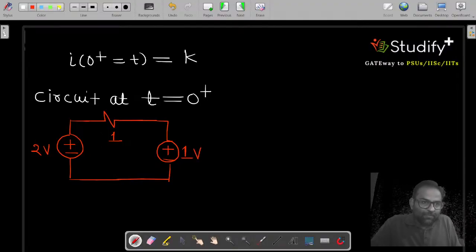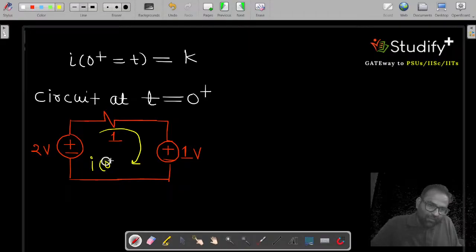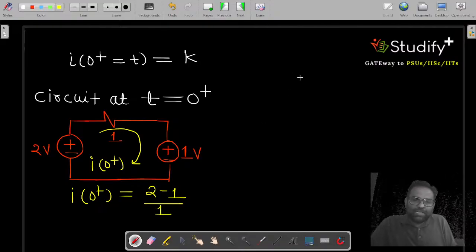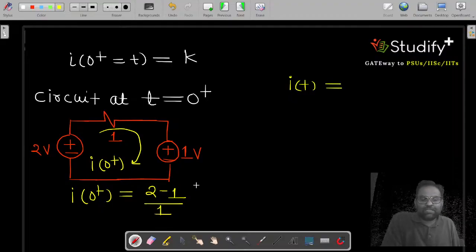A closed loop circuit is there, a potential difference is there, so you can expect one current from here, and this current is not copied from t0 minus, this is the current at t0 plus. So I(0+) is equivalent to higher potential, which is 2 volt, minus lower potential, divided by resistance, which is 1. So I(0+) is given by 1 ampere.